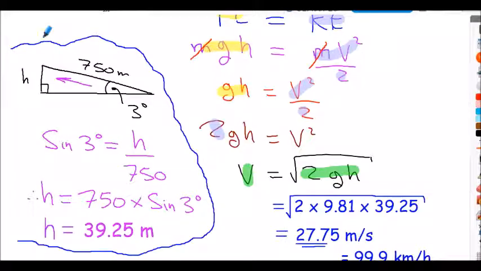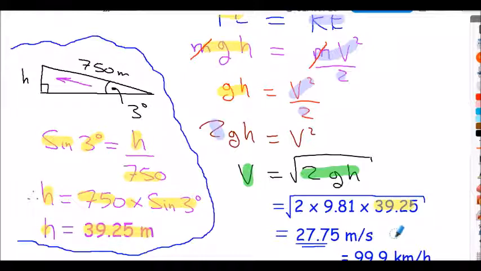So from our SOHCAHTOA we reviewed in a previous presentation, we can see that the sine of the angle, in this case 3 degrees, is equal to the opposite side, that's h, divided by the hypotenuse, 750. So rearranging the equation, the height h of our incline is 750 multiplied by the sine of 3 degrees. So height h is 39.25 meters in this case. So now we've got the value to use in our formula, 39.25 here.